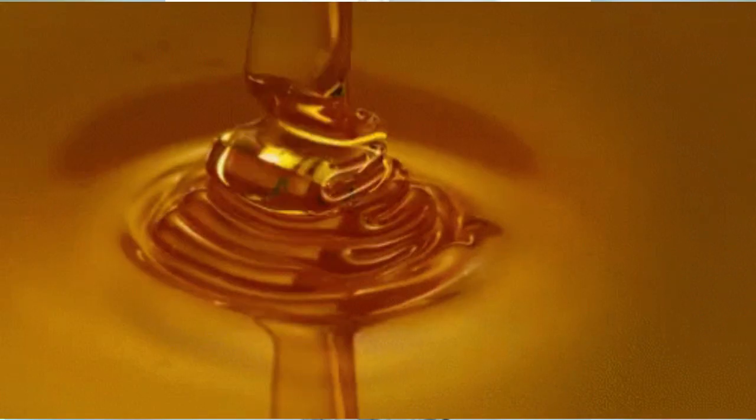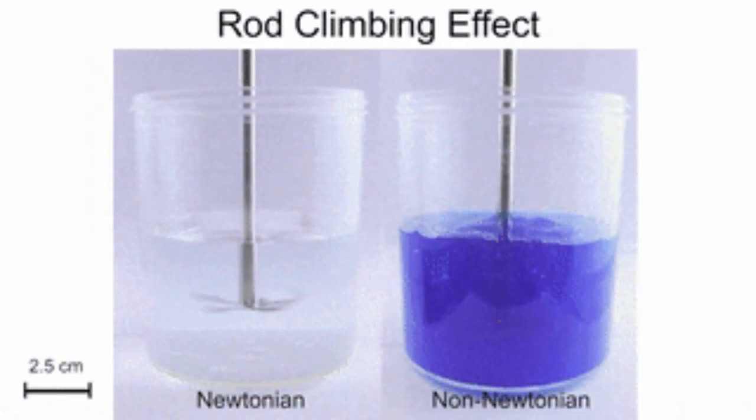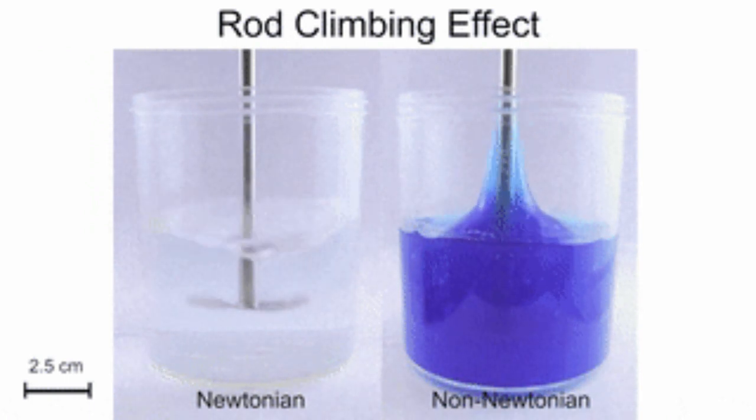And you can tell that pouring water is going to be easier than pouring liquid honey because it has a different level of viscosity. But non-Newtonian fluids are basically liquids that change their viscosity depending on other factors, which technically shouldn't be possible by some of the laws of physics, but it happens.